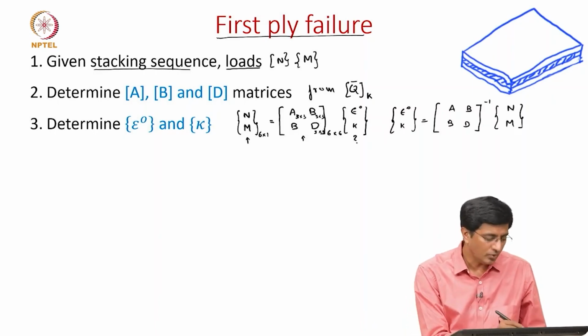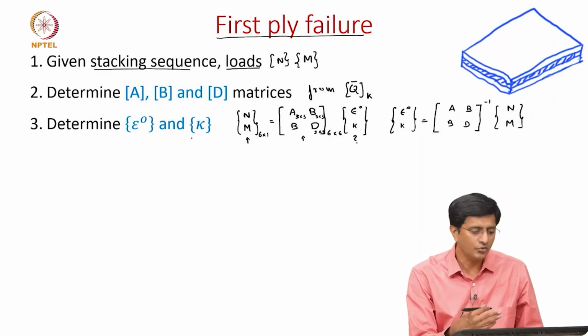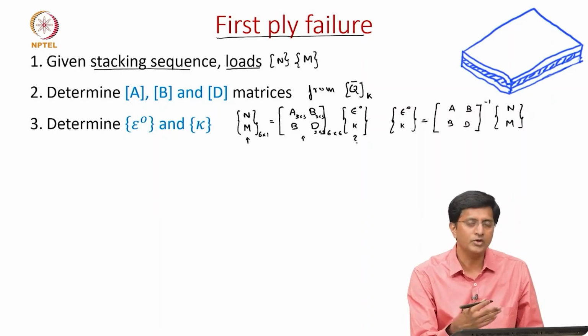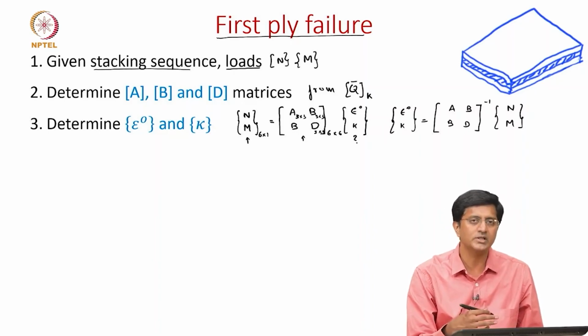Okay, now that we know the mid-plane strains and the curvatures, how do we move forward? We can discuss failure once we know the stresses in each of the layers. How do we find the stresses in each of the layers? We use this information about the mid-plane strain and curvature to first find the strains in each layer.